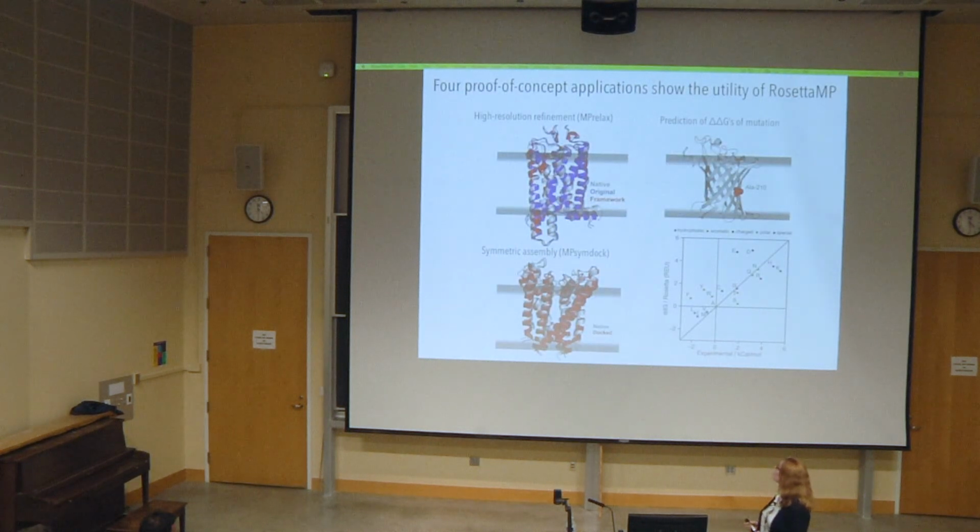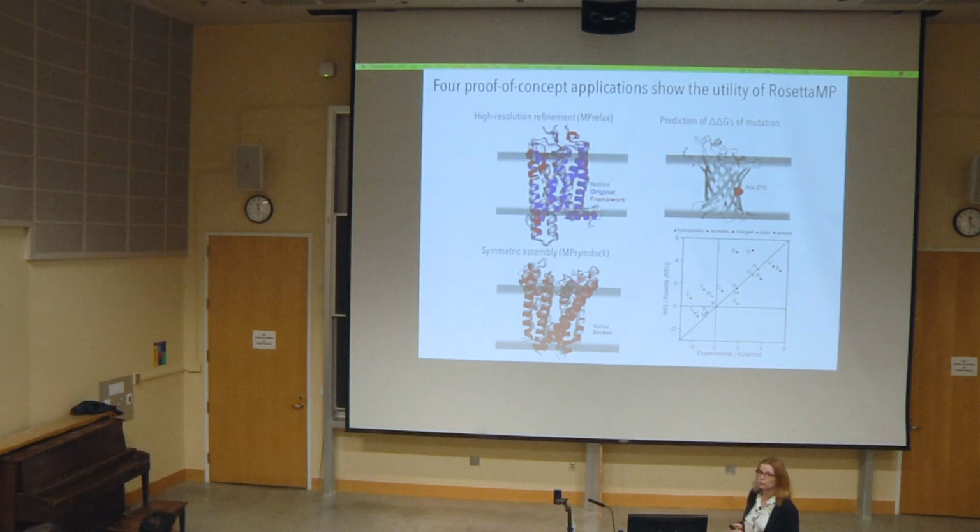So we also implemented proof of concept applications to show that we can combine that Rosetta MP framework with existing protocols. One of them is high resolution refinement. We call this MP Relax. One of them was modeling symmetric assemblies, because a lot of membrane proteins are symmetric. We call this MP SimDock.